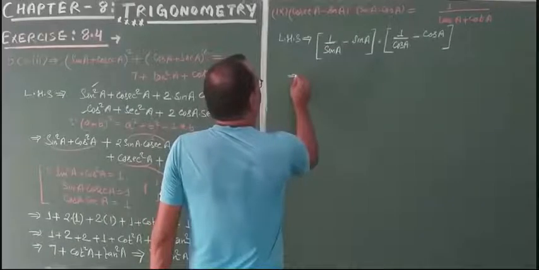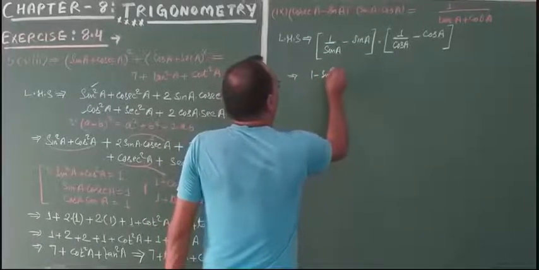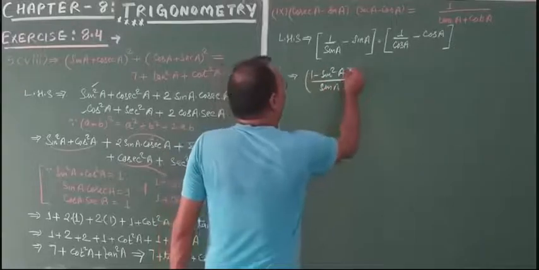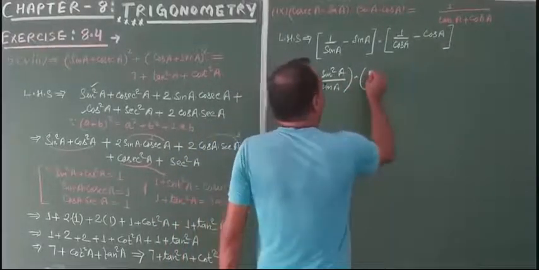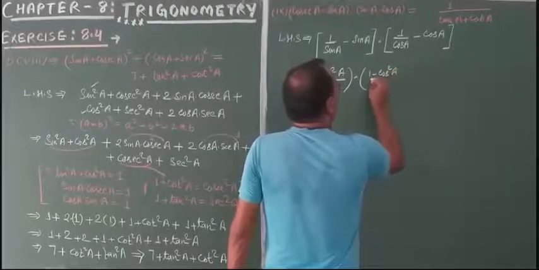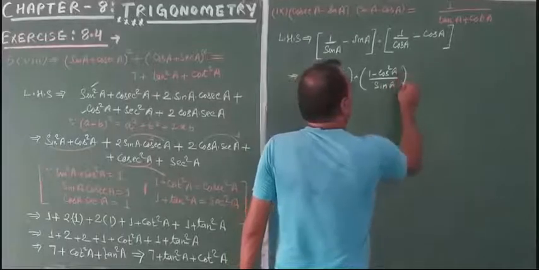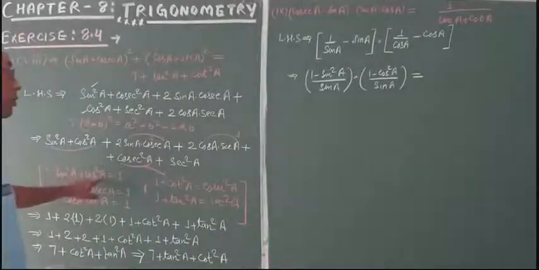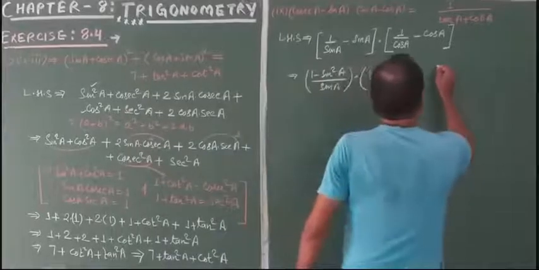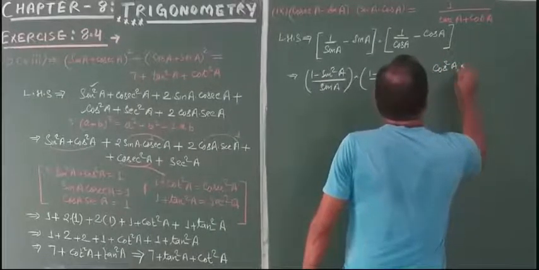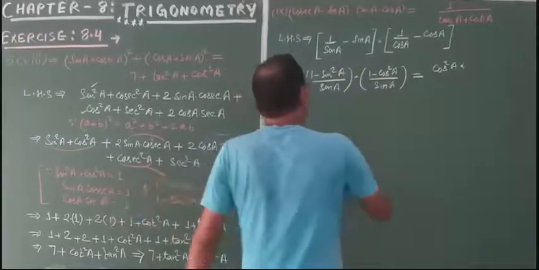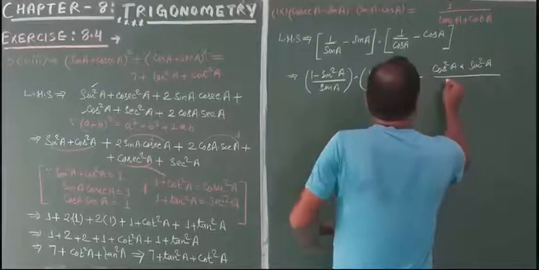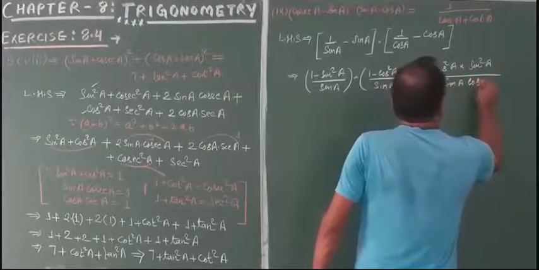So what will happen? 1 minus sin square A upon sin A, and this will become 1 minus cos square A upon cos A. Now what will happen? 1 minus sin square A, from this formula, will become cos square A, and this 1 minus cos square A will become sin square A, and here sin A into cos A.